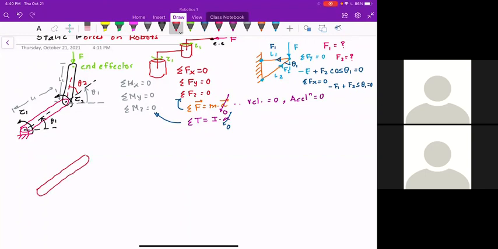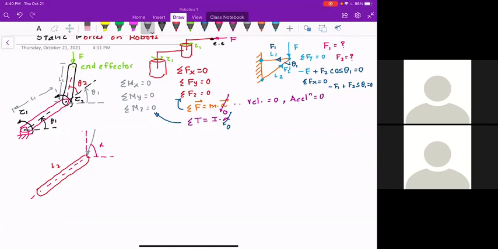This is link number 2. And on this link number 2, there is this F. On this F, I'm going to assume that this force F is going to make an angle alpha with respect to the link.